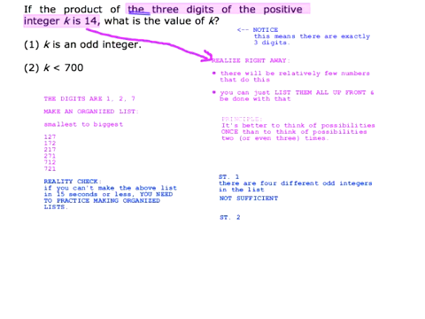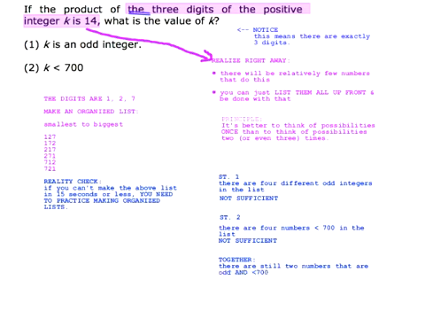There are 4 numbers less than 700, so that's not sufficient. And then together, there are still two numbers that are odd and less than 700, which are 127 and 217. So still not sufficient. And this is E, elephant.